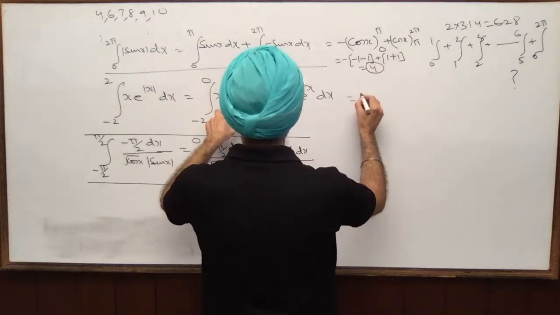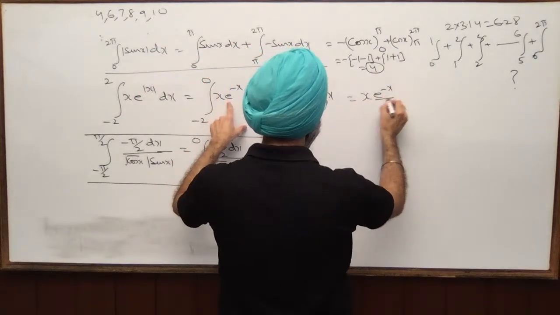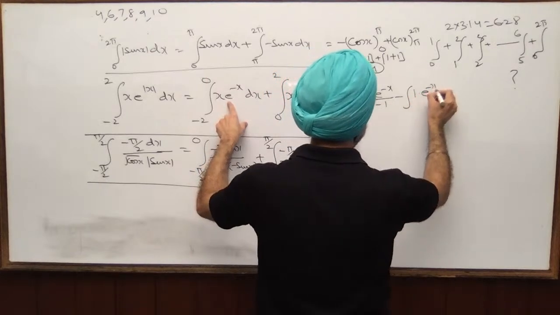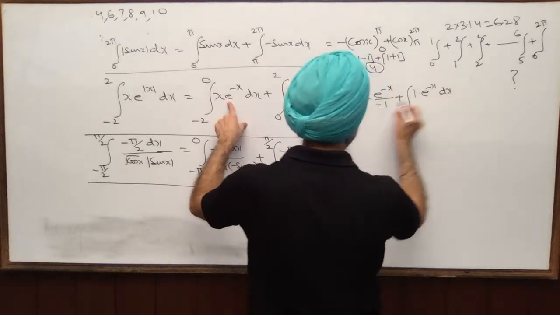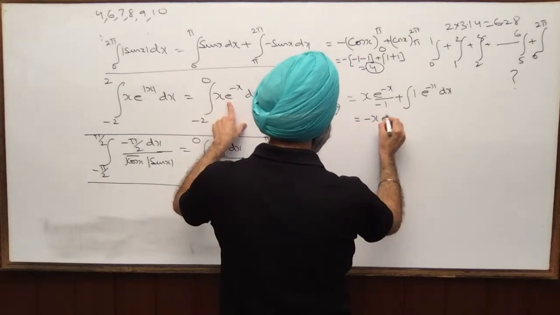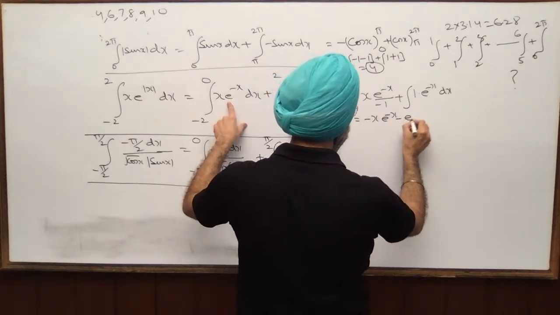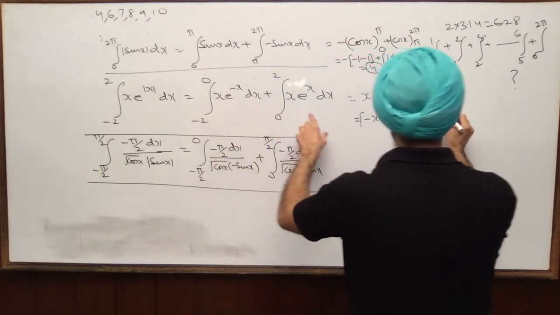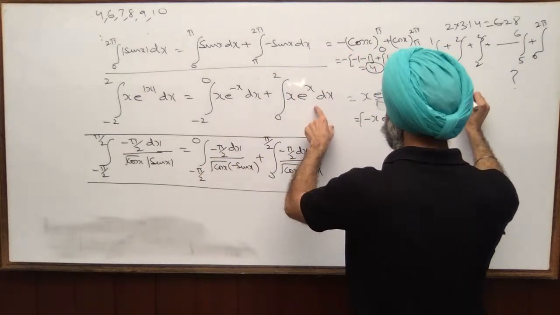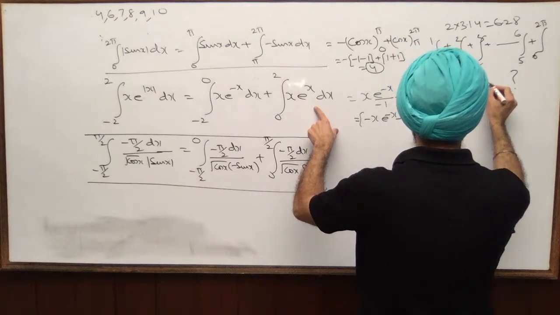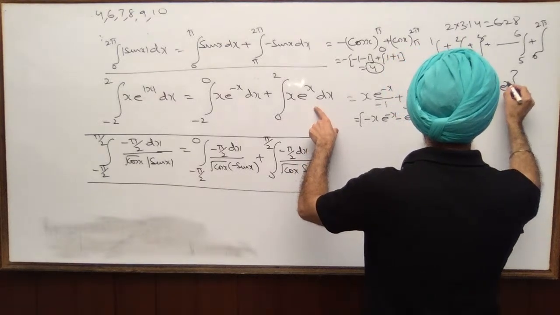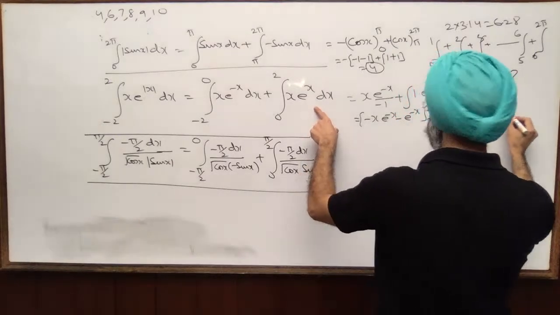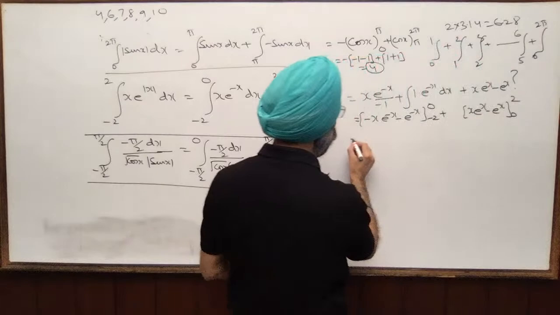Second: first function into integral of second, minus differential of first into integral of second, dx. So it is minus x e raised to power minus x minus e raised to power minus x, limits from minus 2 to 0. Now plus first function into integral of second minus integral of second, so that is x e raised to power x minus e raised to power x, and the limits from 0 to 2.